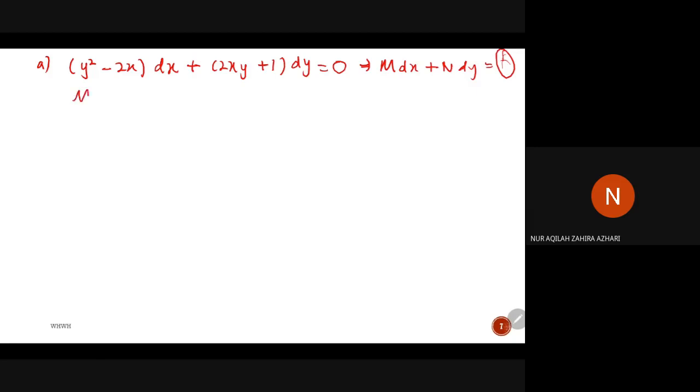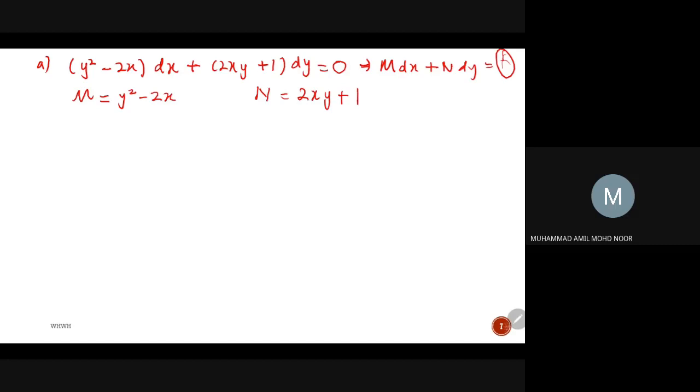For this case, what is our m? From this equation, compare with the term m dx plus n dy. So our m for this equation is equal to y square minus 2x. And our n is 2y plus 2xy plus 1.